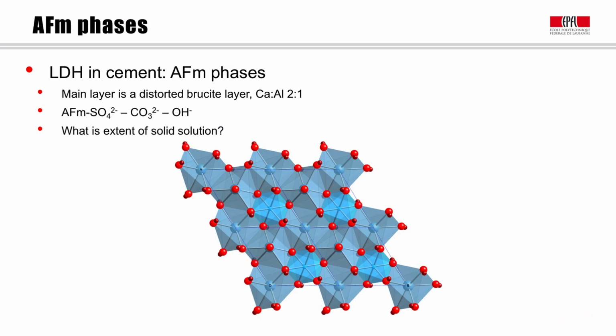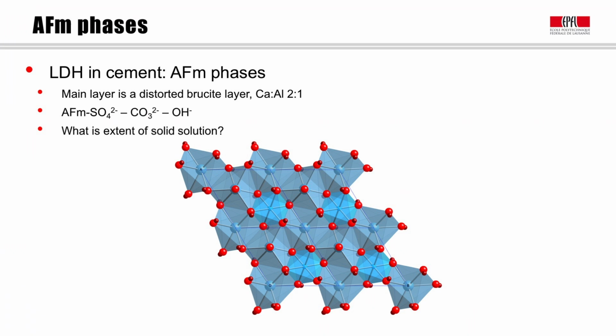So this is the AFM phases. This is the kind of layer we have in those AFM phases. It's a distorted layer similar to what we have in brucite, with 2 calciums to 1 aluminium. And then the anion that goes in between gives us the AFM phases. Most commonly, the first one that gave its name to this group are the monosulfates, where the anion is sulfate.